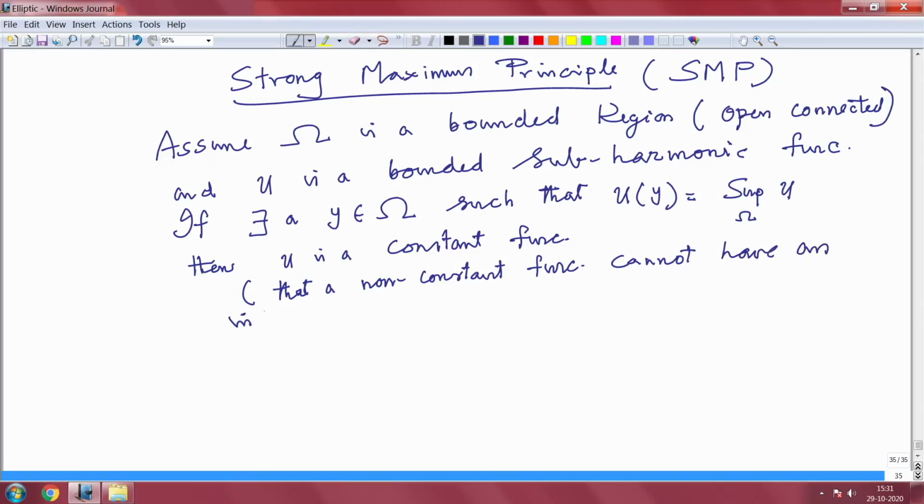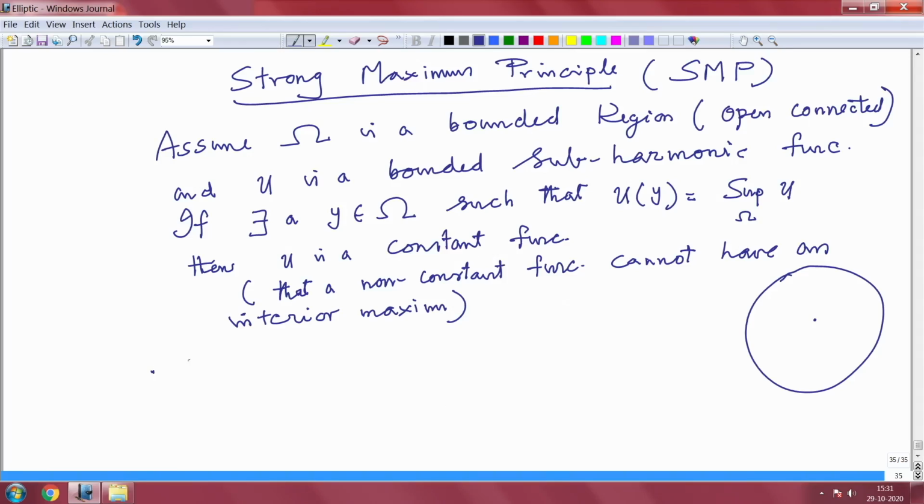Try to understand the theorem very clearly. If you have a domain like this, and your y is an interior point where the maximum or the supremum is attained, then that function has to be a constant. A non-constant function cannot have an interior maximum for a bounded subharmonic function.